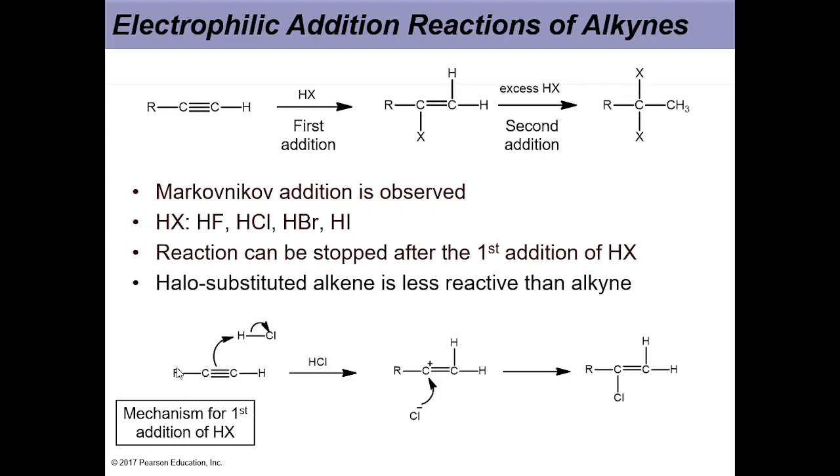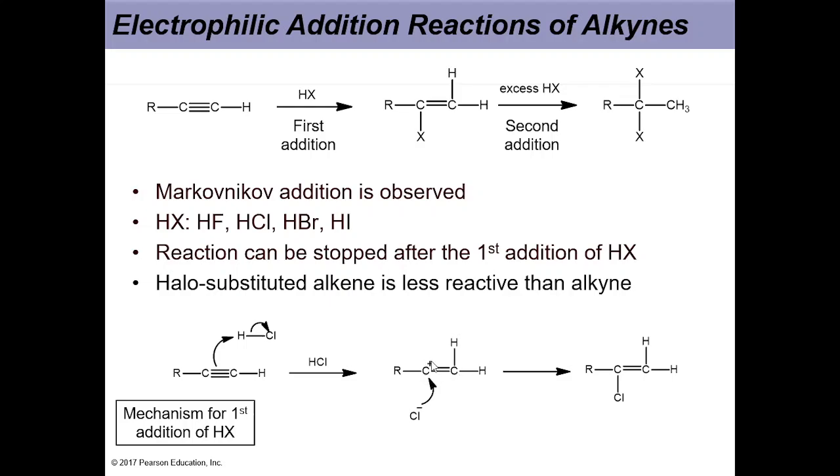The R group here stands for any hydrocarbon, more than just hydrogen. Therefore, between these two carbons, the one on the left attached to the R group can stabilize this positive charge better, which will result in a major intermediate with a positive charge on this carbon, which also means the hydrogen in HCl will be bonded to the one with hydrogen only.